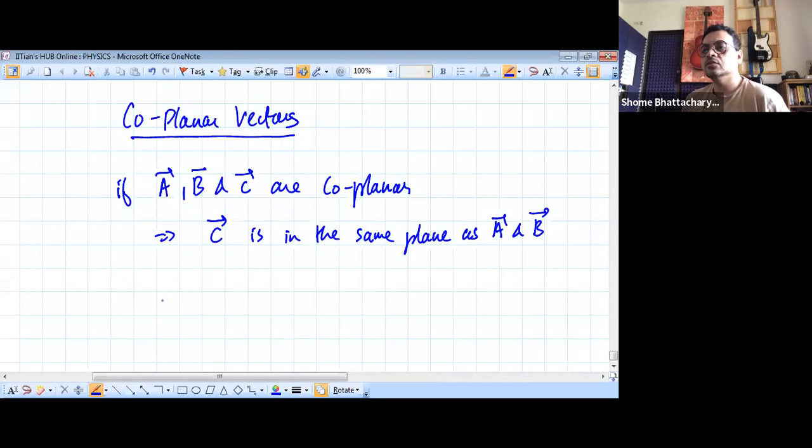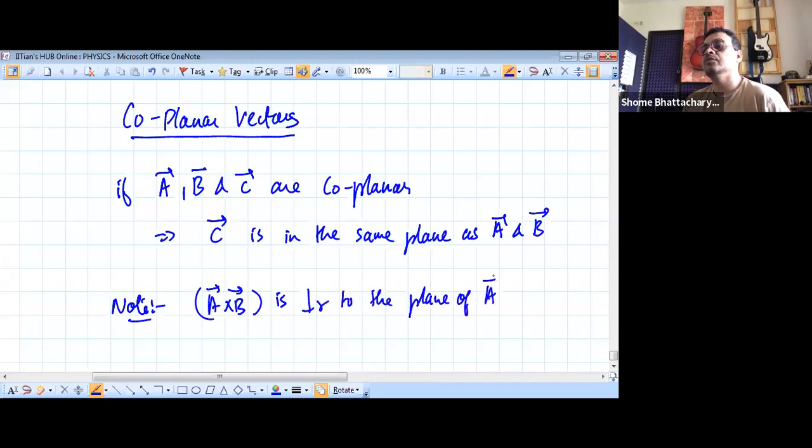So how to check? Now since A cross B is perpendicular to the plane of A and B. Okay.